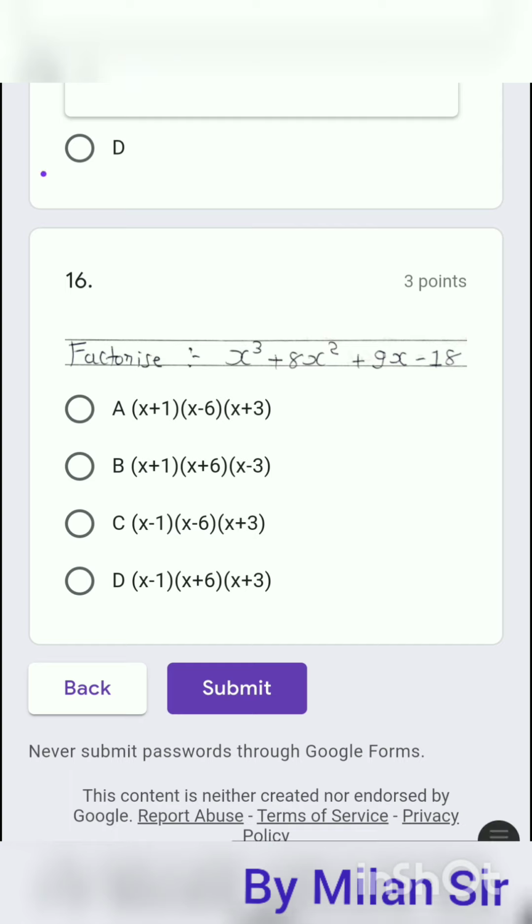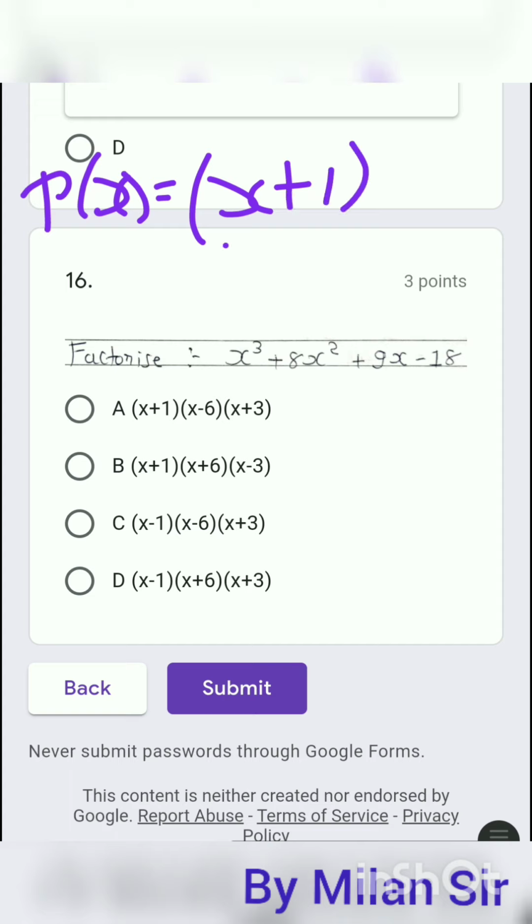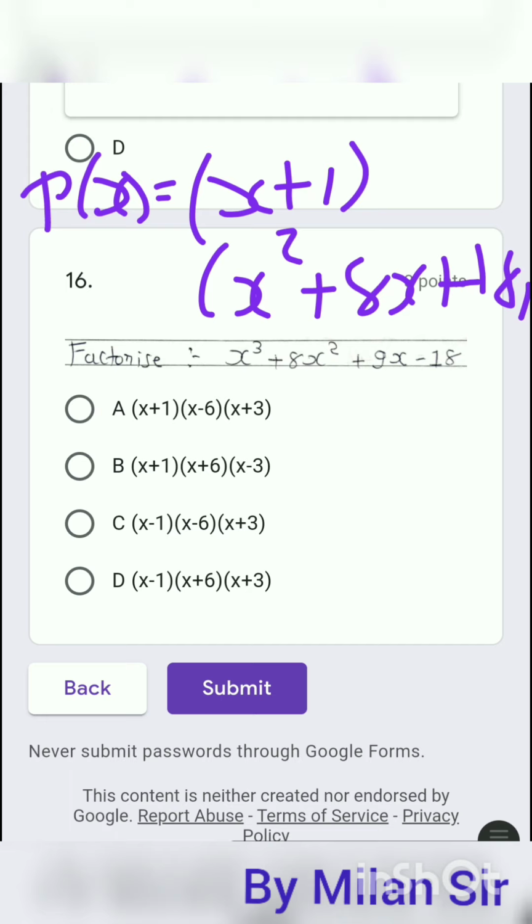So we can write p of x equals x plus 1 and x square plus 9x plus 18.